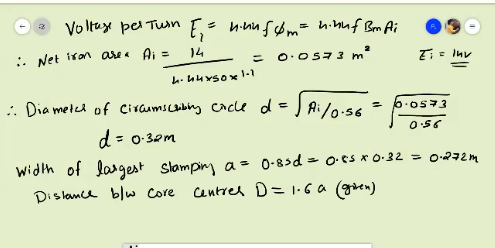So this can be written as 1.6 into the dimension of A, so A is equal to 0.272 meter. Okay, that is equal to 0.435 meter. Okay, right? So just note down this part. Okay, and then we'll move to the other part. So just note down this part.